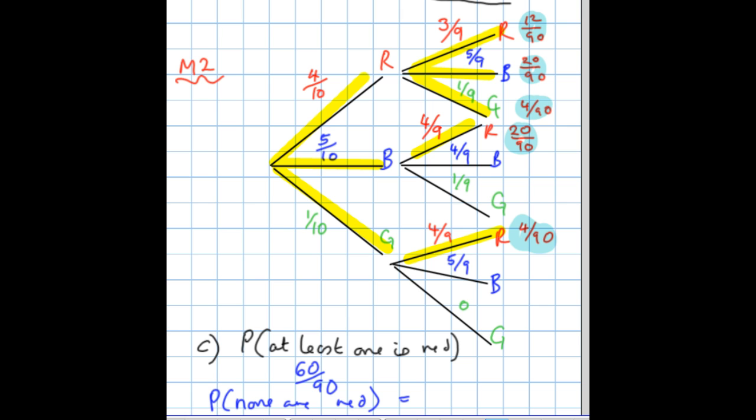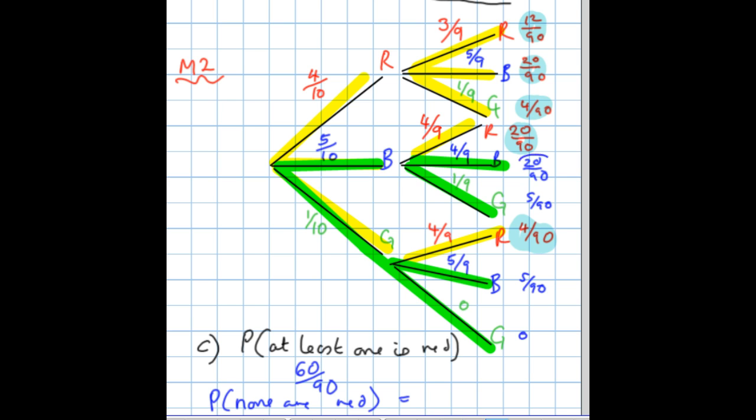The probability that none are red are these ones here, 5/10 times 4/9, which is 20/90, or this 5/10 blue followed by green, and the probability of that is 5/90. Finally, you could have had green and a blue, and the probability of that is 5/90. And finally, a green followed by green. Well, that's naught. So if I'd have spotted that, I could have saved myself a bit of time.